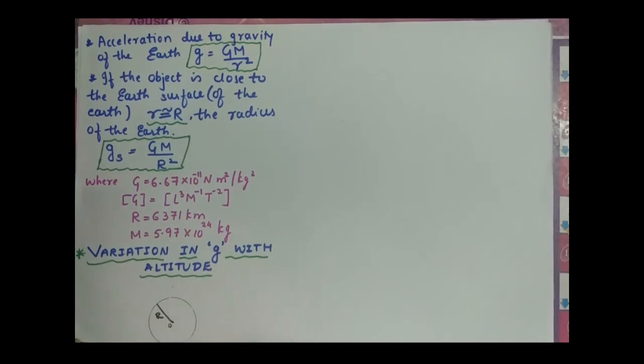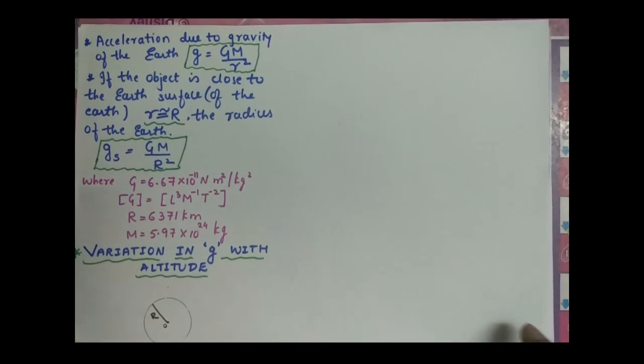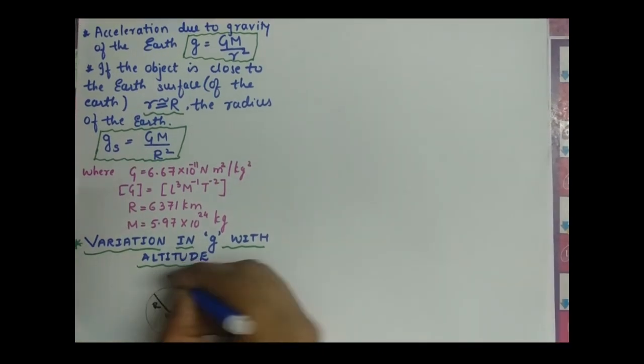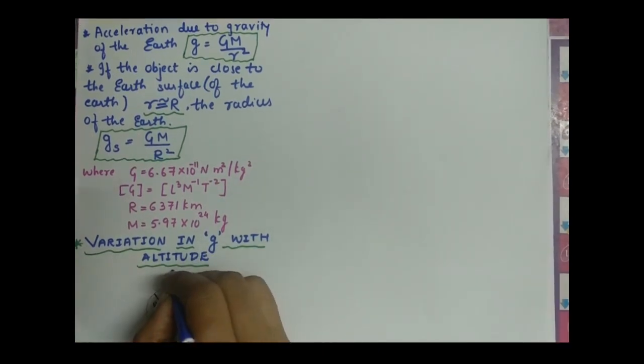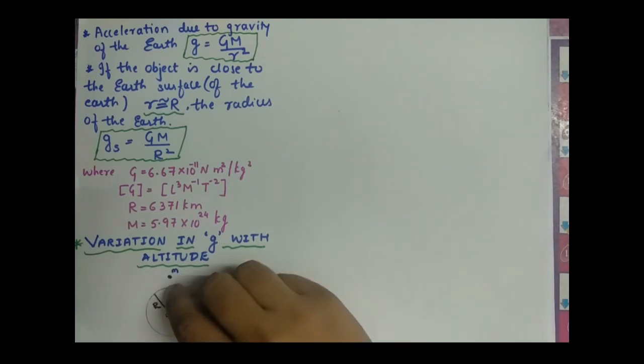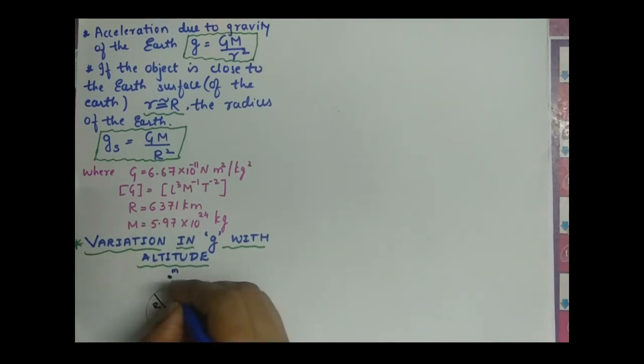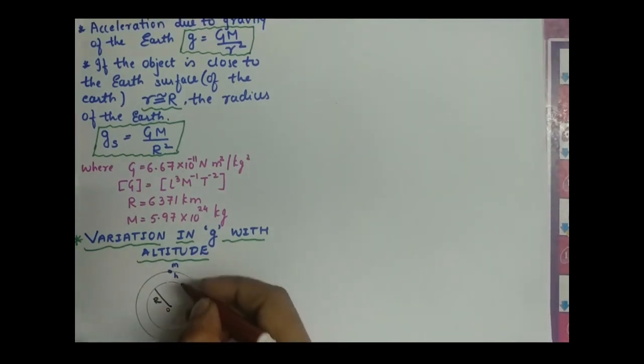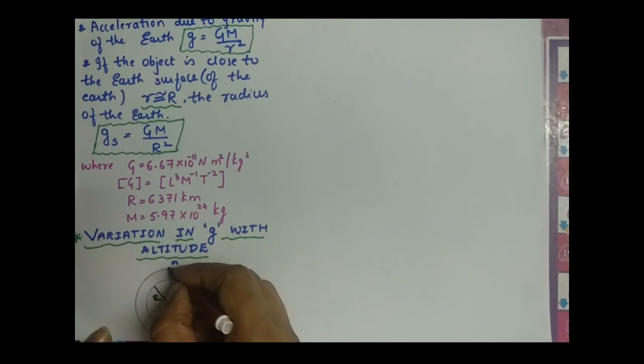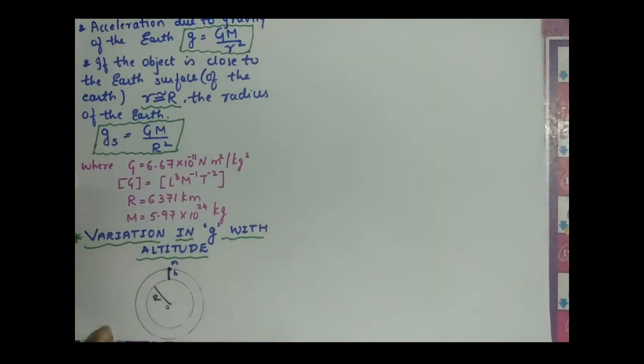If this is the earth of radius R, consider a body of mass m at a height h from the earth's surface. So this will be the figure, and consider it is at height h from the earth's surface.